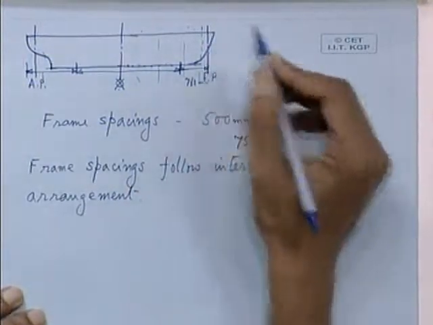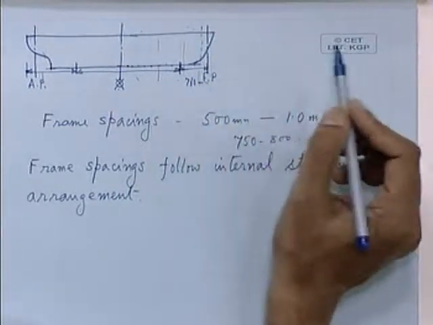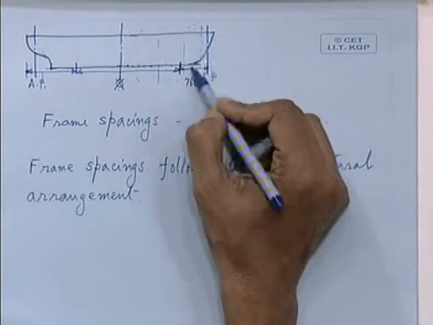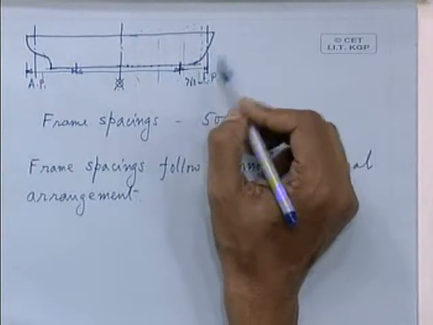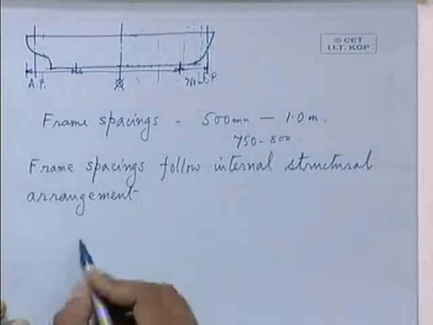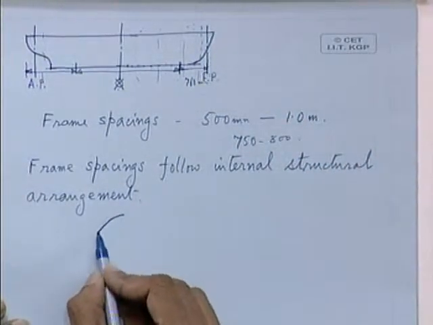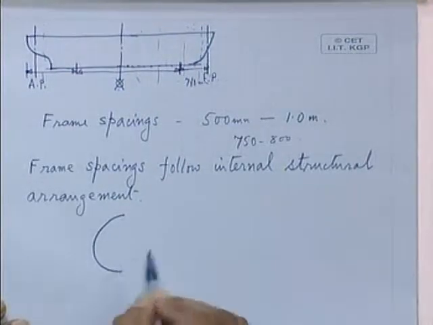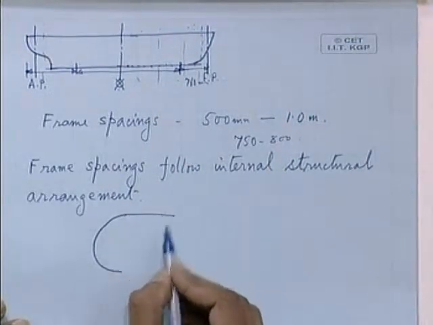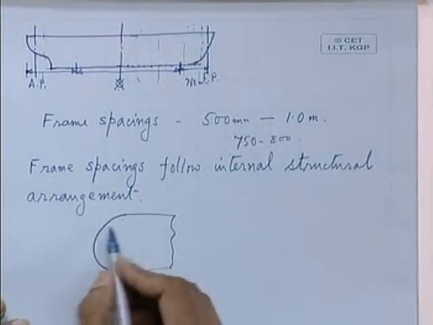Since they define the structure or define the frames, they have to follow the internal structural arrangement, especially related to frames and longitudinals. Now, what happens at the stern, you will find the shape of the ship is very much curved like this. Say this is your deck line, the stern is very much curved.